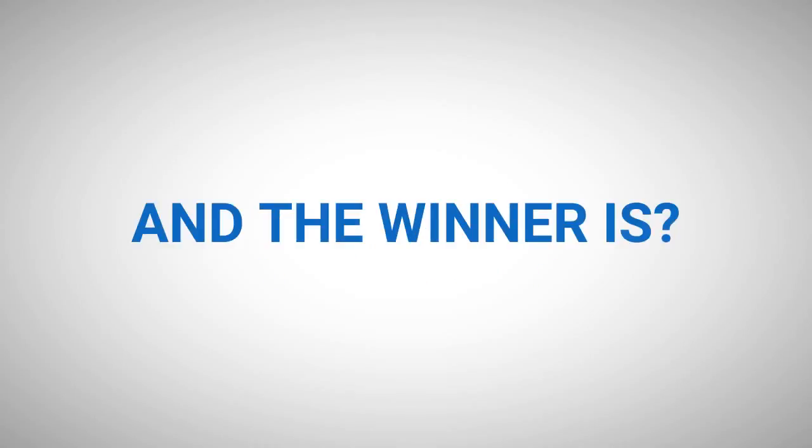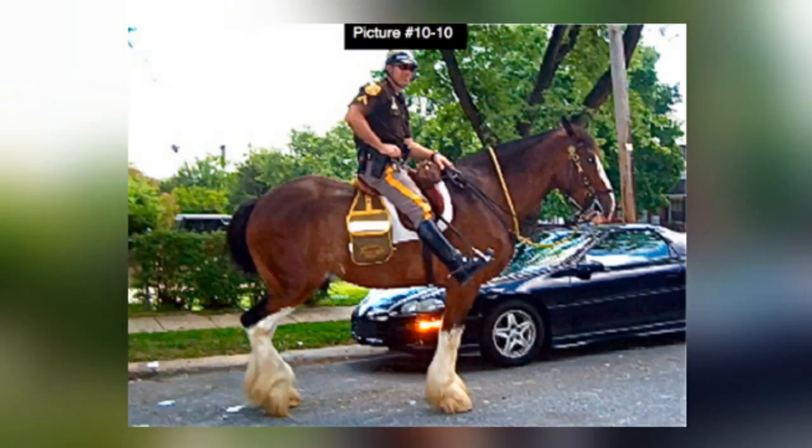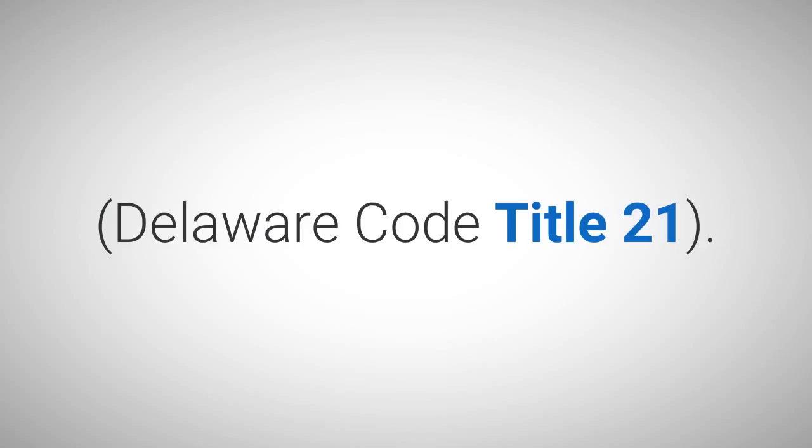And the winner is? In picture number 10-10 below, we see what most would agree is an imposing figure. Yes, this police officer is someone most of us would welcome when confronted with impending danger. However, just maybe we would not be happy to see him if we engaged in a violation of man's traffic law, Delaware Code Title 21.